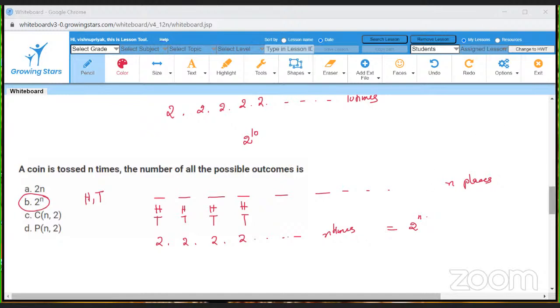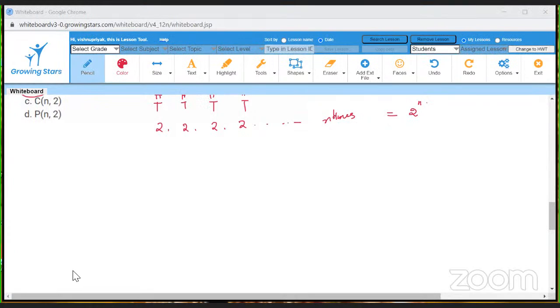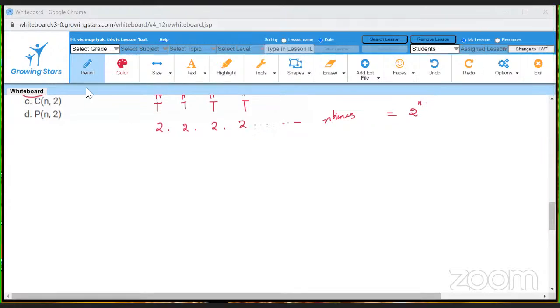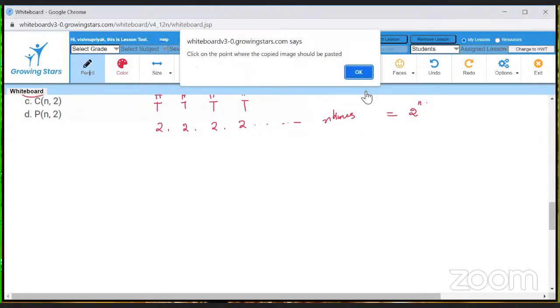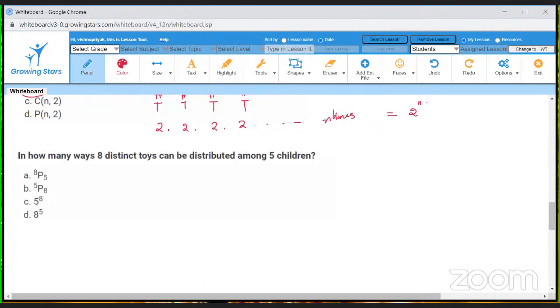Next question. In how many ways can 8 distinct toys be given among 5 children?